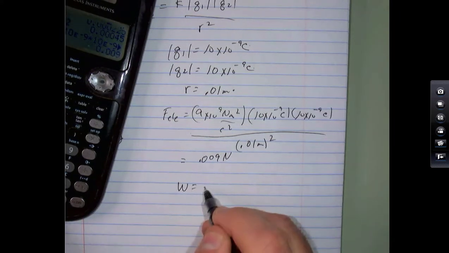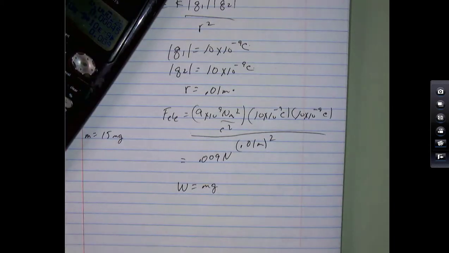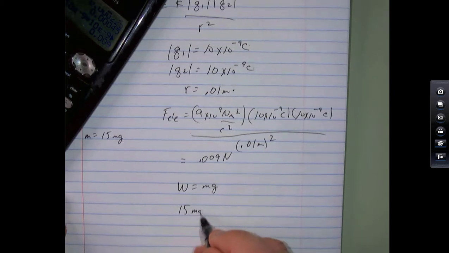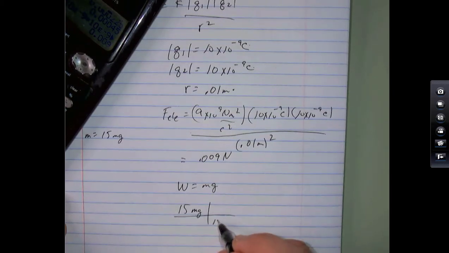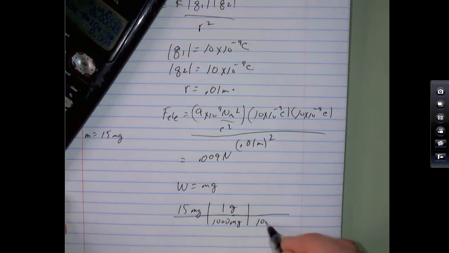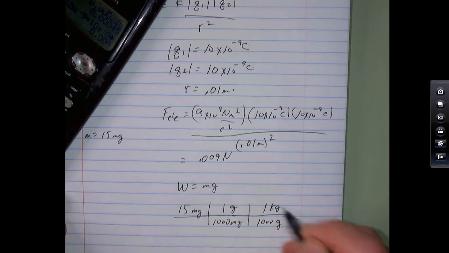The weight is equal to mg. Just be careful with the mass. It's 15 milligrams. We need it to be in kilograms. So 15 milligrams, 1,000 milligrams is 1 gram. That's not good enough, though. We need it in kilograms. And then 1,000 grams make up 1 kilogram.